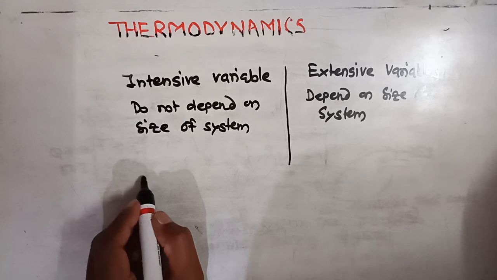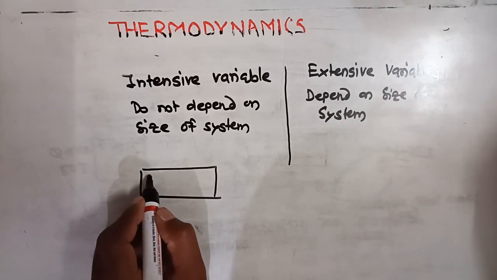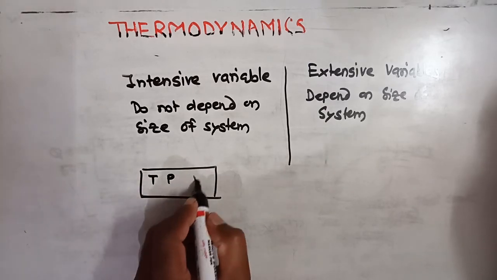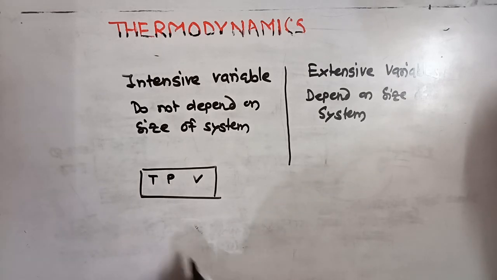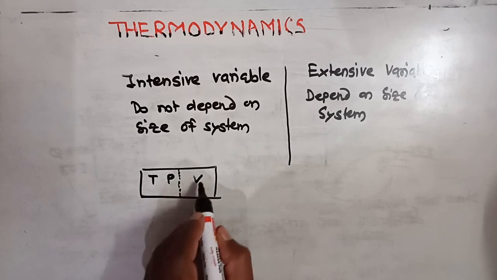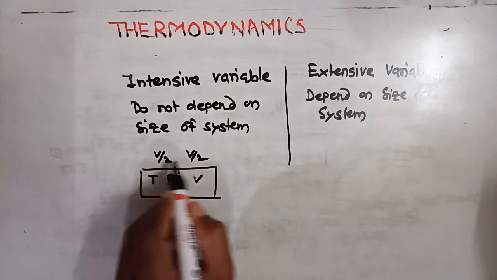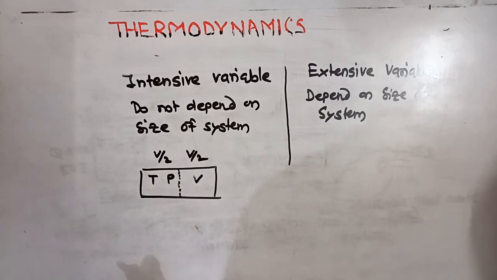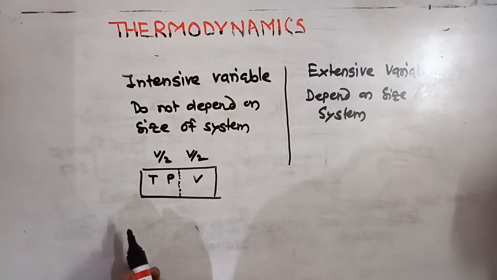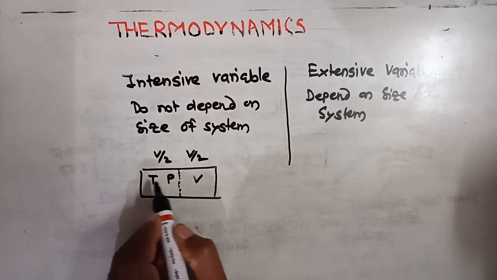Suppose we have a system, having temperature T, pressure P, and volume V. Now we place a boundary. Then the volume is divided into two compartments, but the temperature and pressure are not divided; they remain the same.